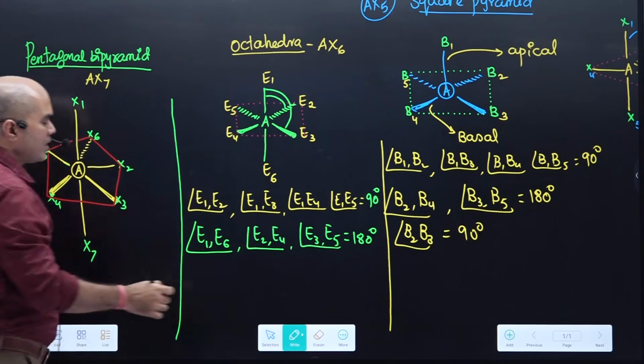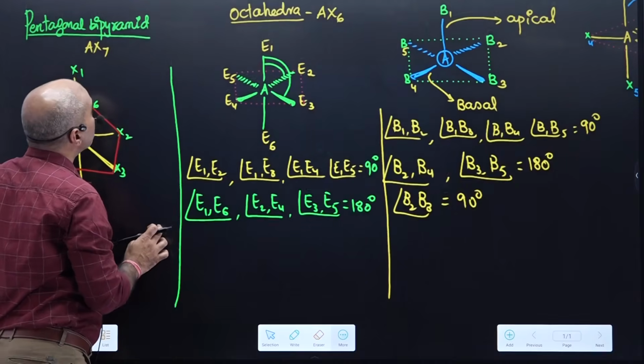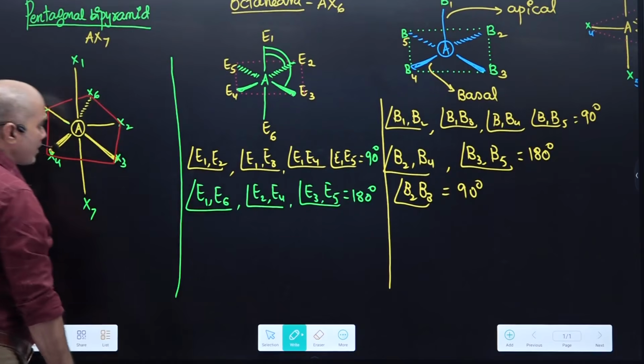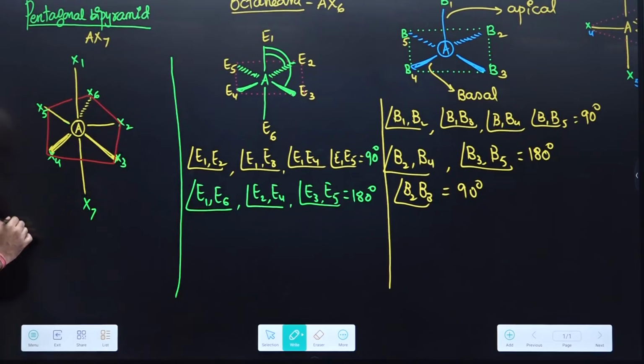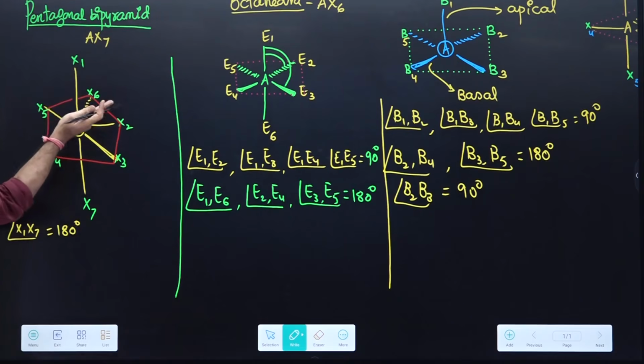What are the bond angles? Bond angles between 1 and 7, 180 degree. Between 1 and 7, 180 degree. Between 1 and second plane of atoms, 90 degree.